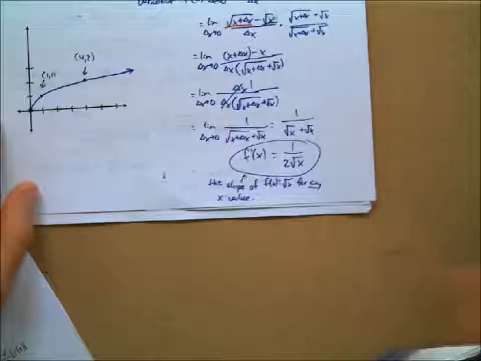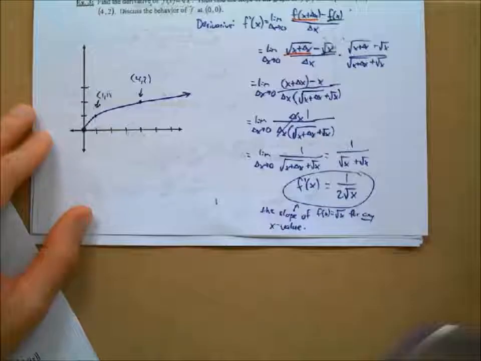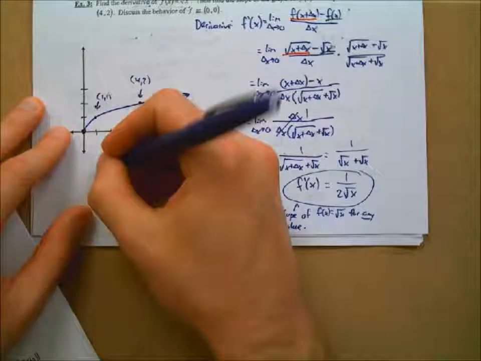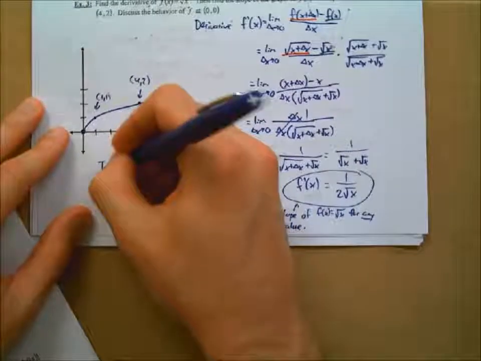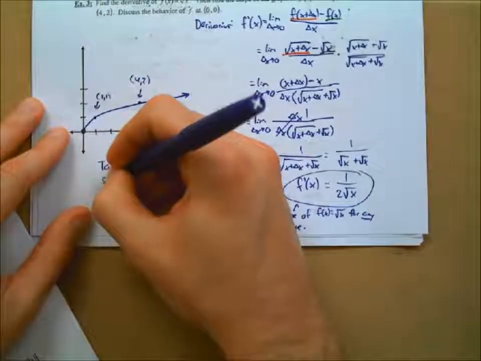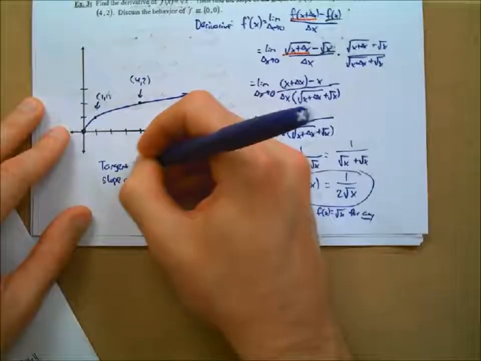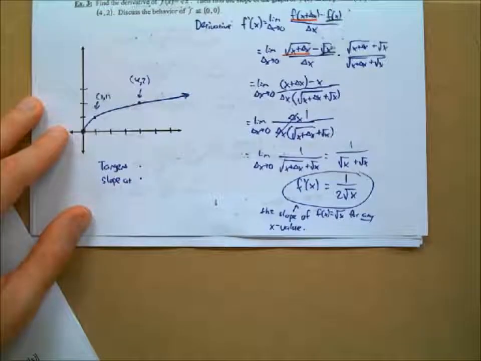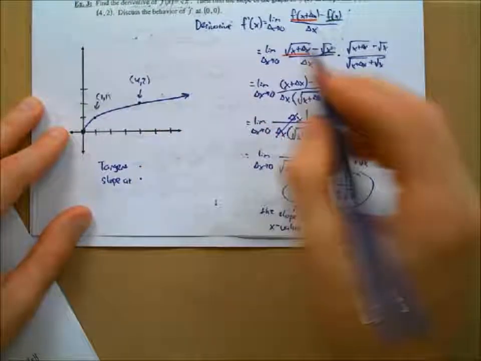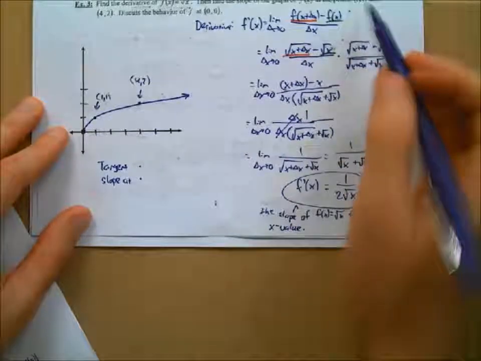So how can I use this? Well, the tangent slope at, and I'll just put a colon here. Let's do the first point. We want to find the slope of the tangent line at 1, 1.